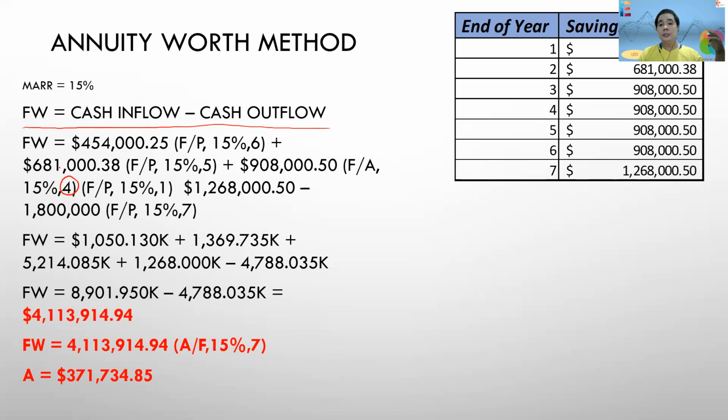Since it's the future, you get the future value of an annuity here, projecting the future value of your 4 series of annuity payments on the 7th year. This is your factor. And then, plus the 1,268. It will not have any factor since we are computing on year 7. Minus the 1.8 million, then F of P, 15% for 7 years.